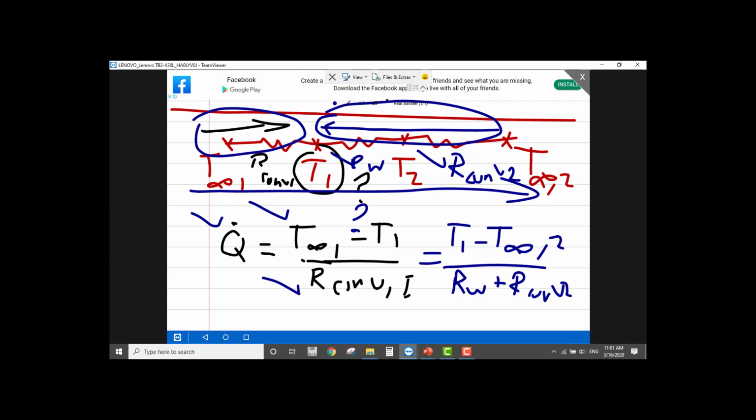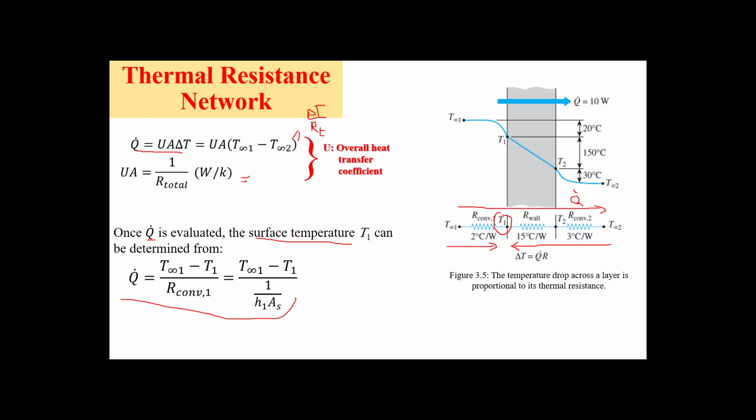Now if we tackle it from the other direction, then T infinity 2 known, R wall, R convection, as well as Q, then we can find T1. So either from that direction or from the other direction. So if Q is known, evaluated from the previous equation, then the surface temperature T1 can be determined from this equation.